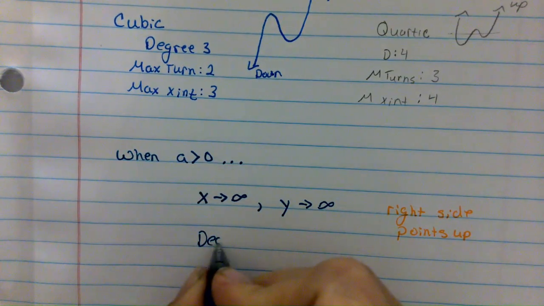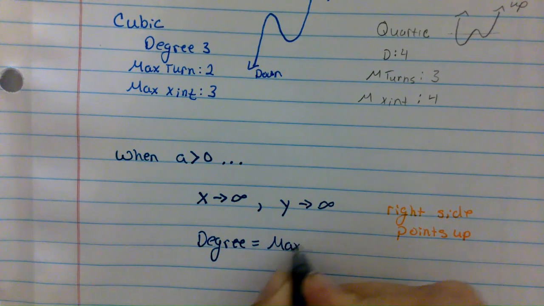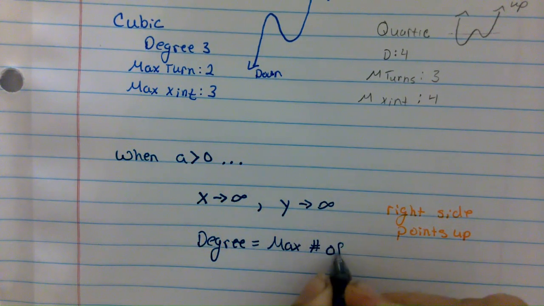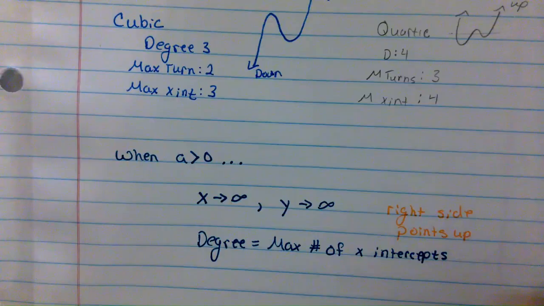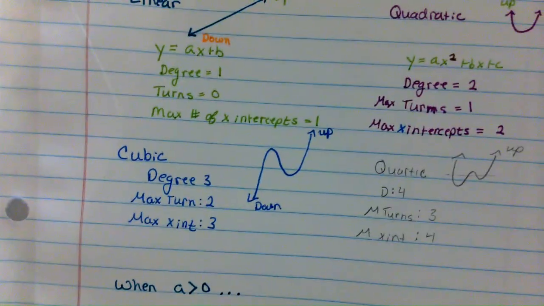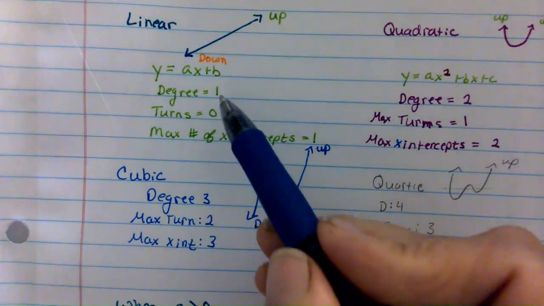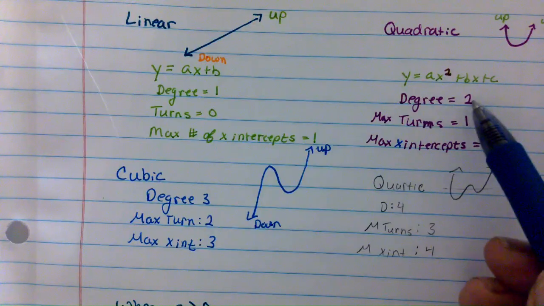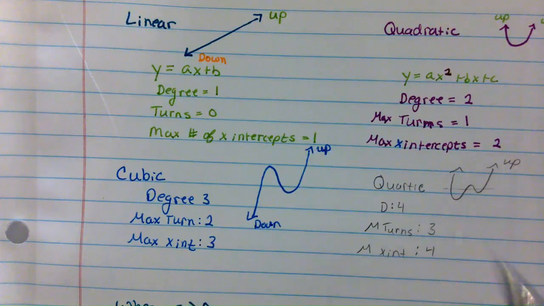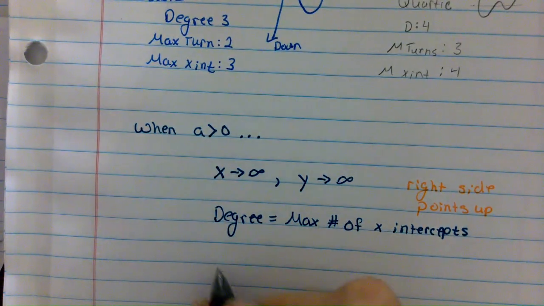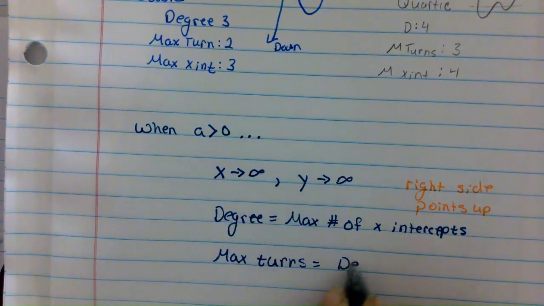The degree equals the max number of intercepts. One other thing you notice, what do you notice between the turns and the degree? 1, 0, 2, 1, 3, 2, 4, 3. The max turns equals the degree minus 1.